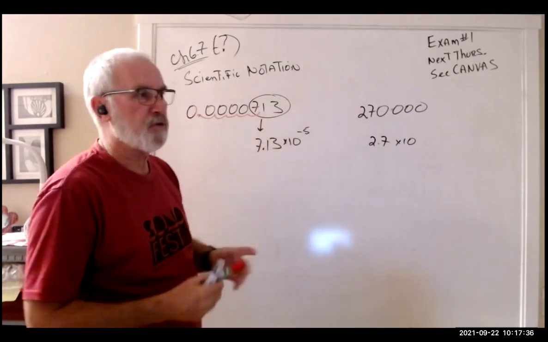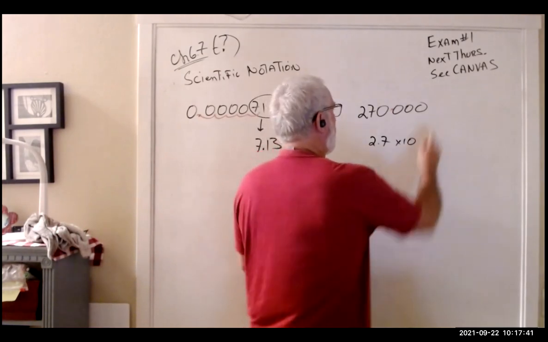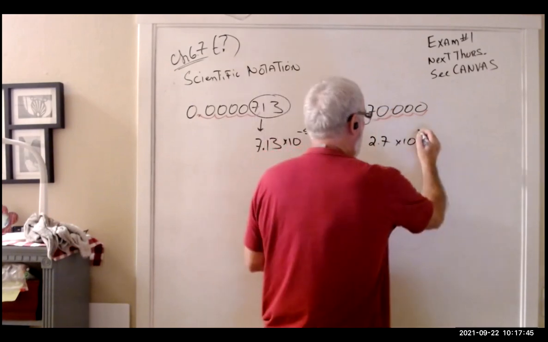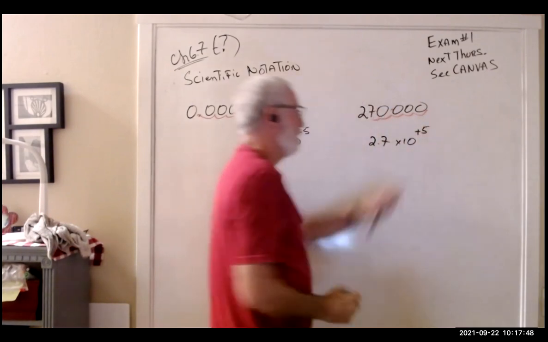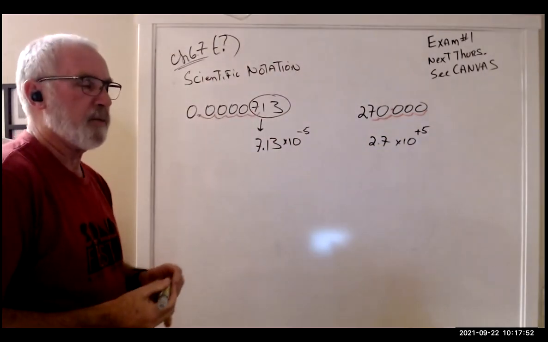So I compensate by using a positive power. 1, 2, 3, 4, 5. So I use a positive power. You don't have to put the plus there. I'm doing it to kind of show you how.